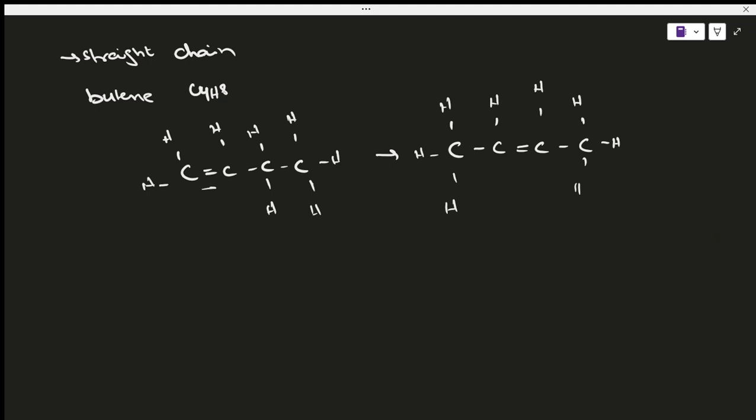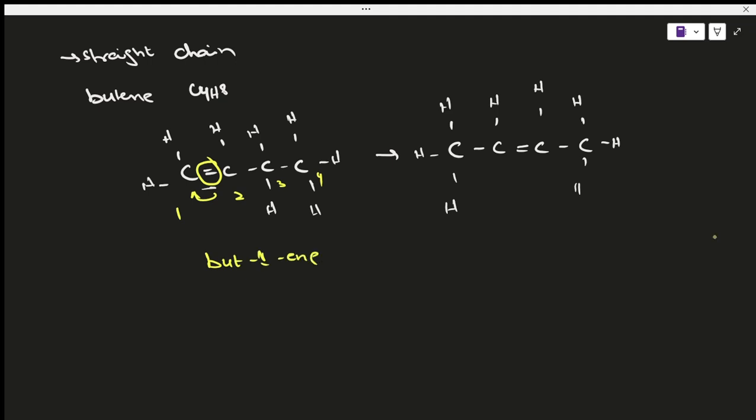Here the double bond is closest to this carbon, so start counting from here. So this is 1, 2, 3, and 4. So we know that the double bond is at the first carbon. So this is going to be called but1ene, right?